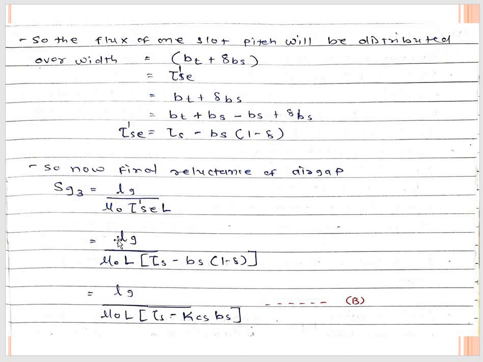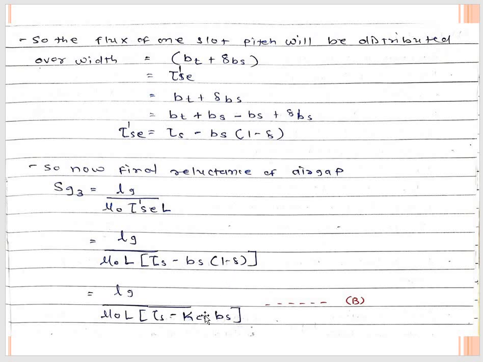Now further simplification is given by Lg divided by mu 0 L, and the value of tau se dash is taken from this equation. So it will give us Lg divided by mu 0 L times tau s minus bs (1 minus delta).